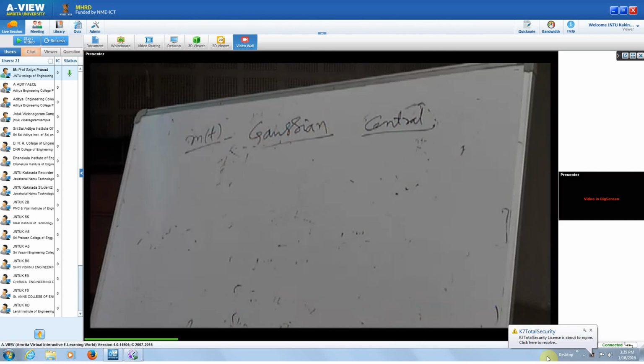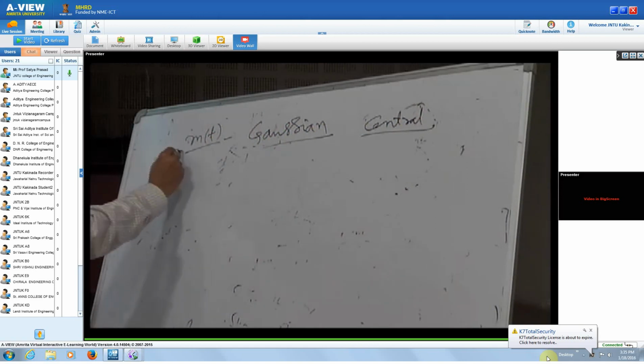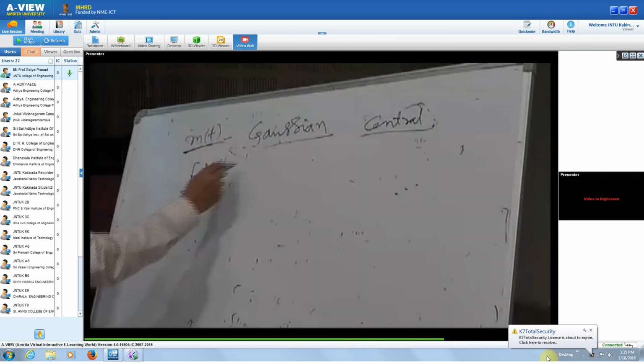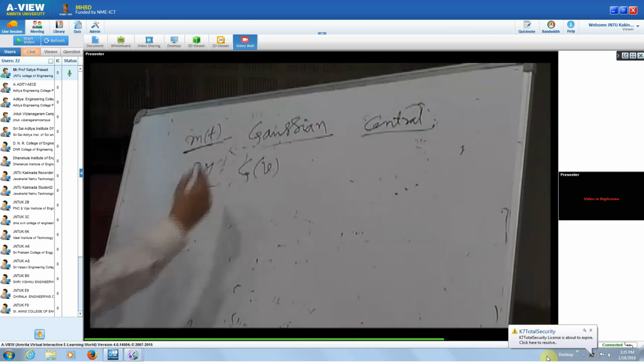Therefore, most of the time when designing a circuit or approximating, we take the signal as a Gaussian distribution signal. So your baseband signal m of t is Gaussian. Therefore, the FM signal spectrum G of V also will be of a Gaussian distribution.